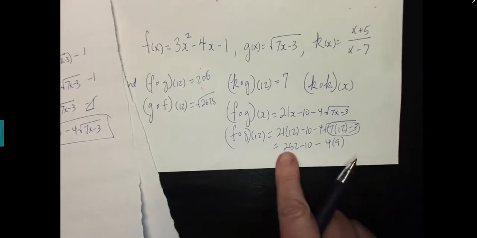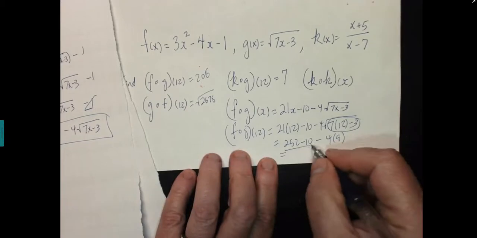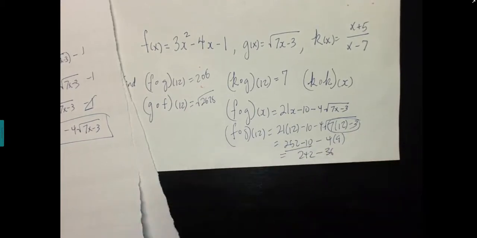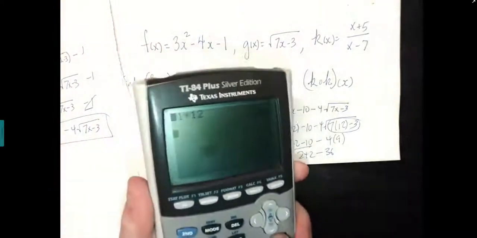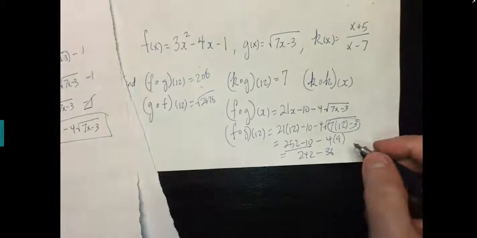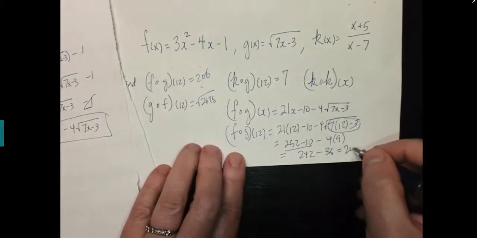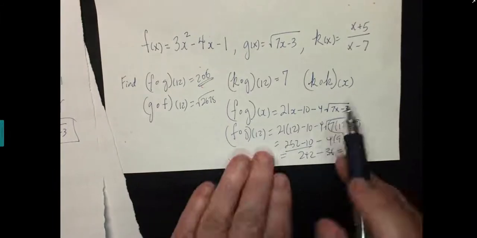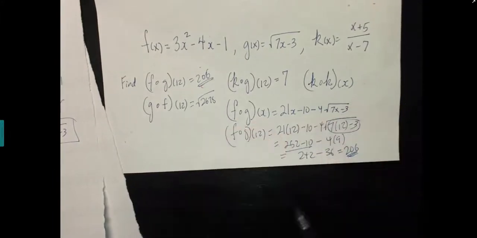So I'm going to have 252 minus 10 minus 36. So 242 minus 36 is 206. And notice that that is consistent with that. Okay, so that's what we expect. That's a good way to check if your answer's right.